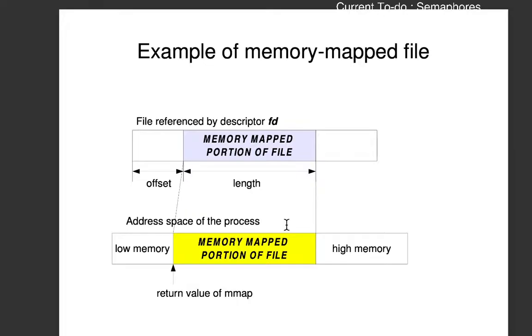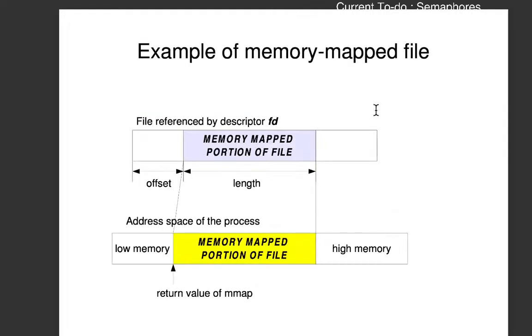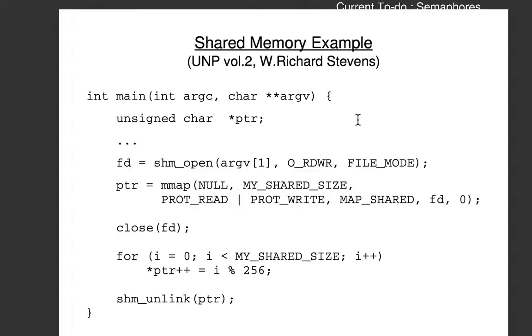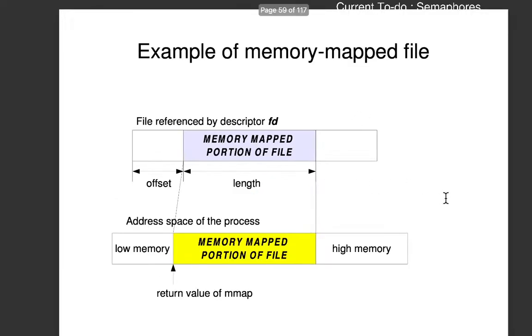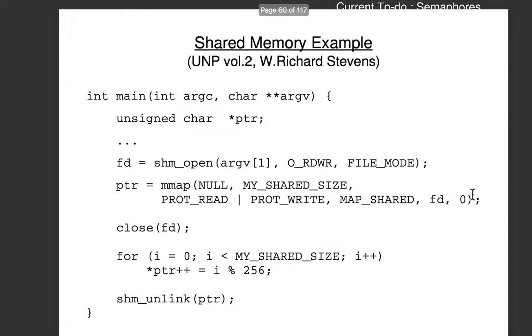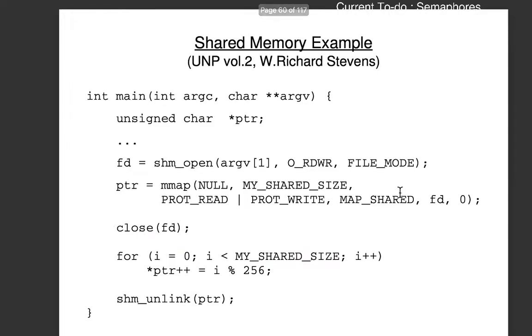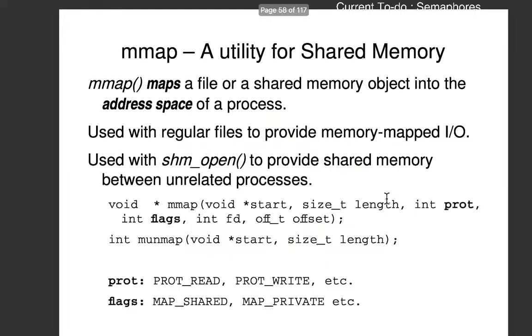Yeah, so you're bringing the file descriptor into the address space of a process. Yep. File descriptor you're putting in, int fd, offset 0, and then the flags, map shared, prot read.